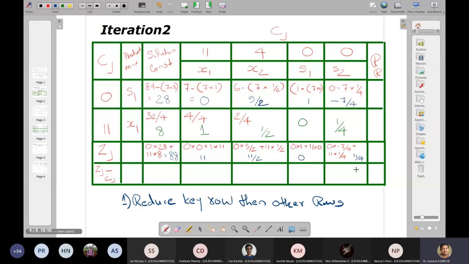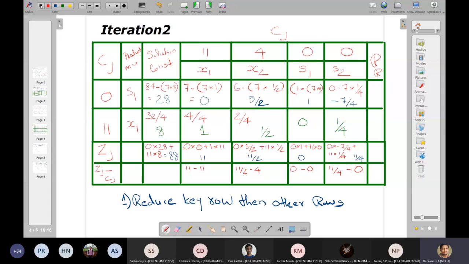Now get me the Zj minus Cj. 11 minus 11, 11 minus 11, 11 by 2 minus 4, then 0 minus 0, 11 by 4 minus 0.